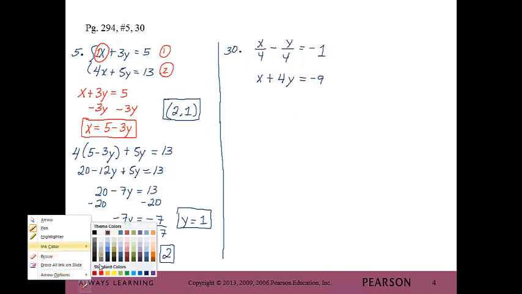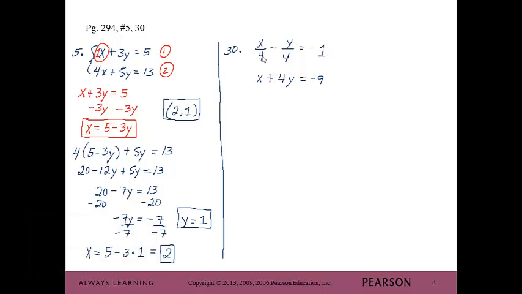Now before we start the substitution method, let's take care of these fractions. To avoid fractions, you need to multiply every term by the least common denominator. So the least common denominator here is 4. So you're going to multiply everything by 4.